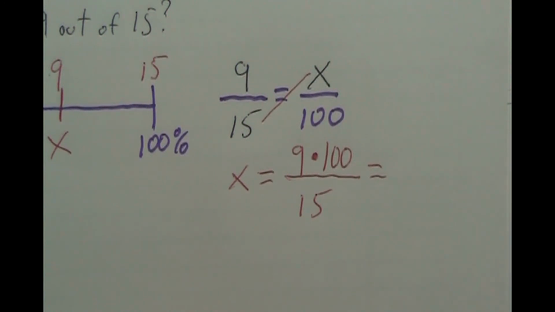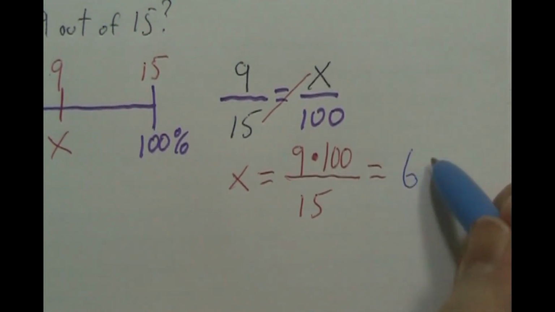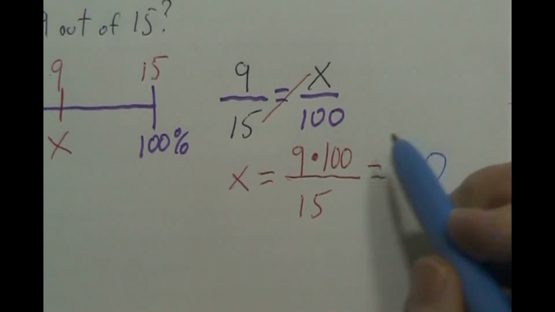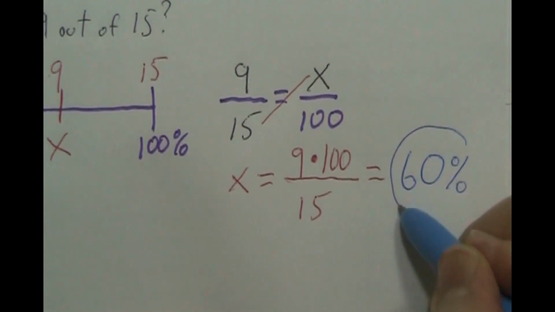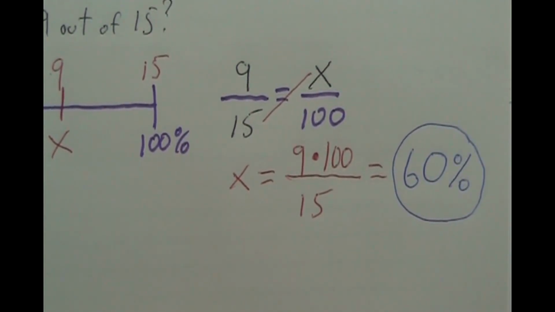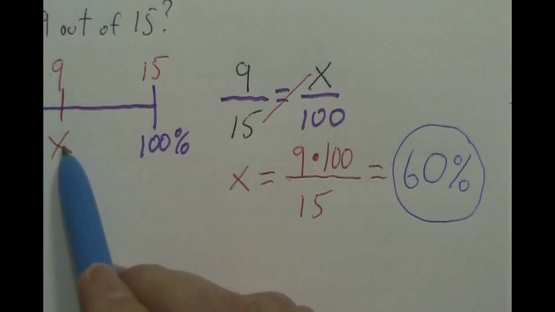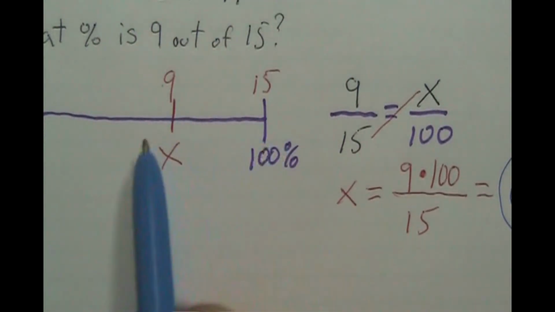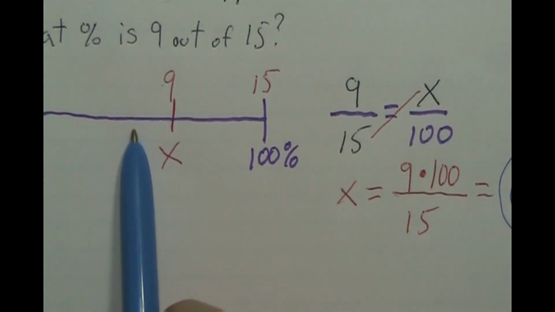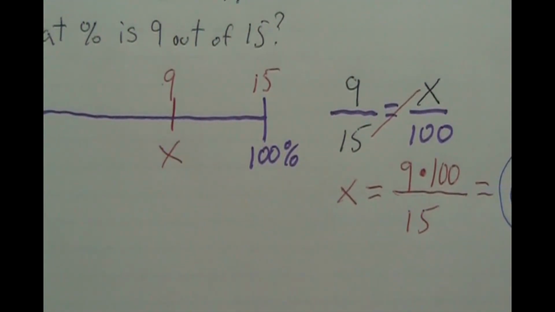And if I did this right in my head, the answer is 60. Now we want percent, 60%. And you can tell that looks like about 60%, right? Sorry, you can't see that, but here's halfway, and so yeah, that's probably about 60%.